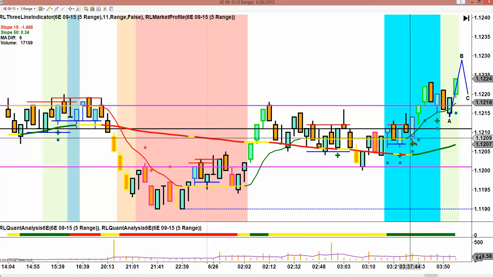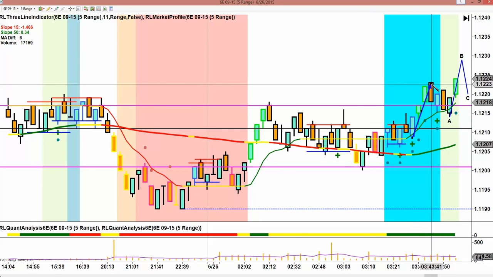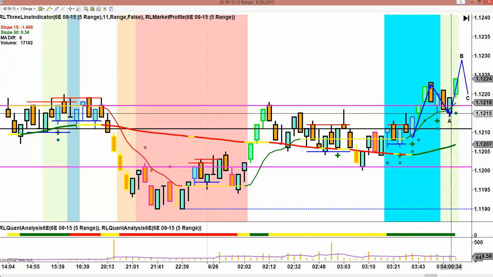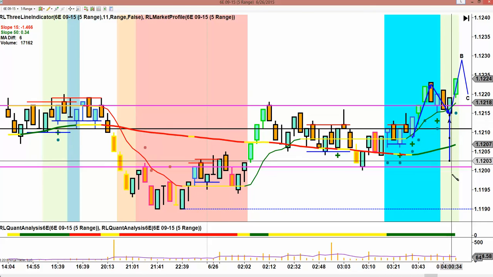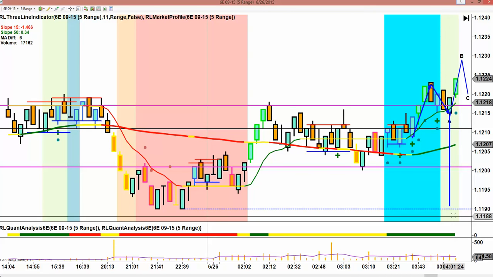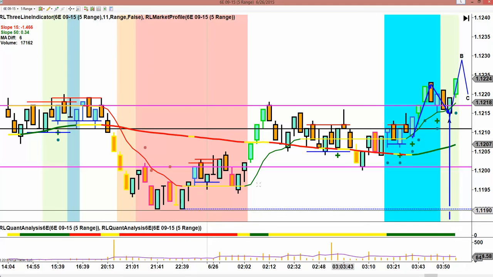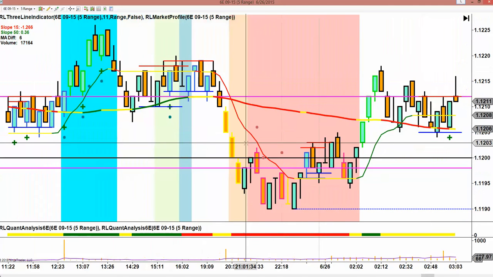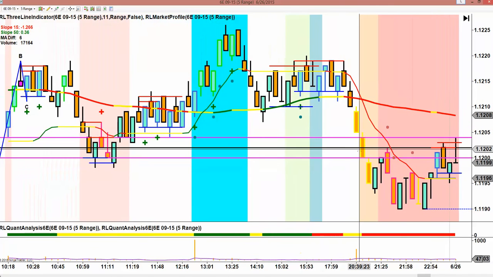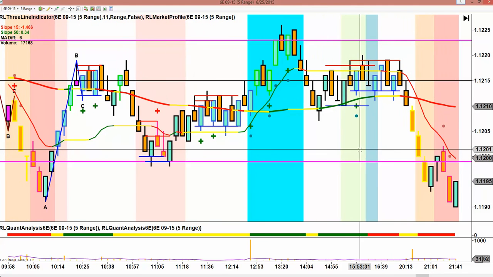This is the move up, retracement, just about through the value area high, and the quant line is green, which is really important. And then right here, let's just move over to the right edge and make sure it's what I see.